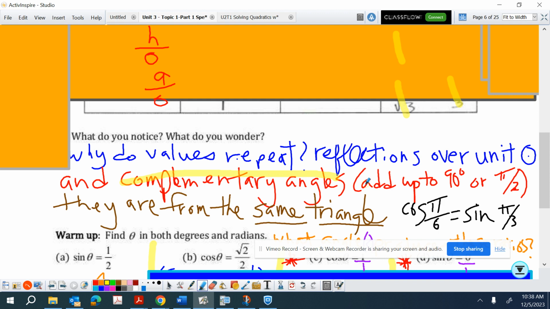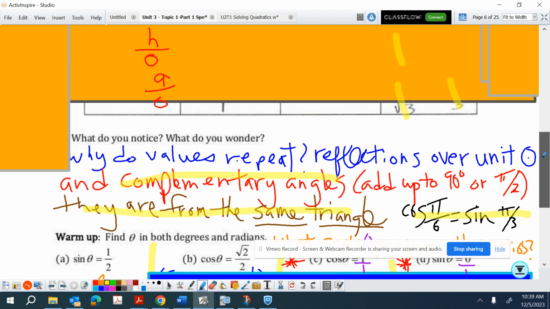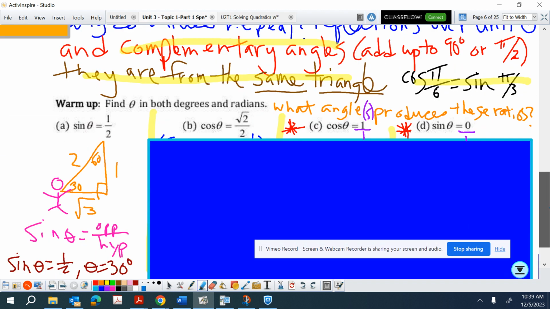So 30 and 60, you're going to see the same ratios over and over again because they're from the same triangle. And they're complementary because the cosine of pi over 6, which is adjacent over hypotenuse, is the same thing as saying the sine of pi over 3, which is opposite over hypotenuse. They're using the same sides of the same right triangle.